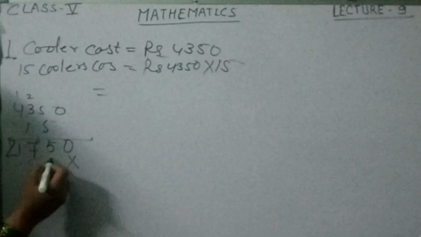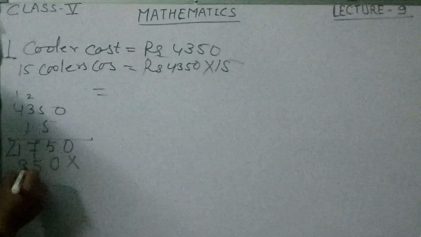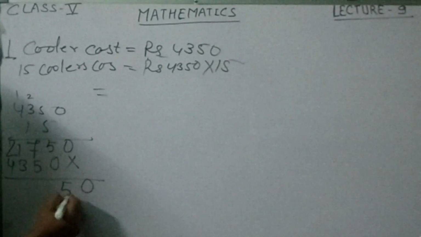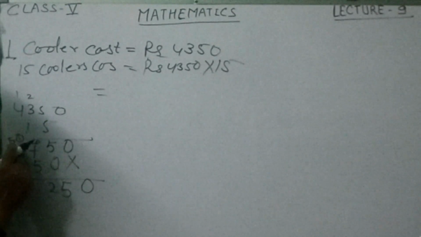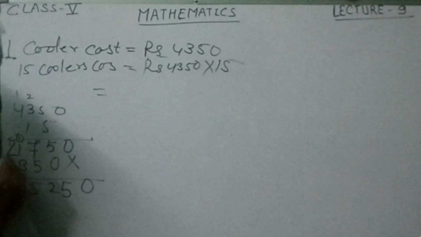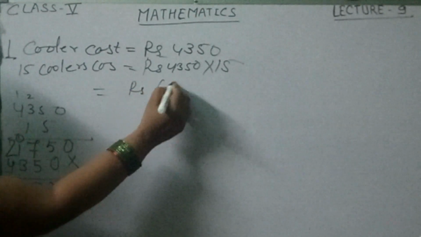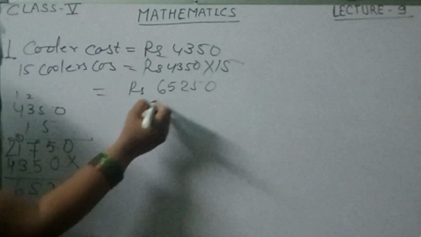1 zeros are 0, 1 fives are 5, 1 threes are 3, 1 fours are 4. Here 0, 5, 7 plus 5 is 12, 1 is carried. 1 plus 1 is 2, plus 3 is 5. 4 plus 2 is 6. What is the cost here? 65,250 rupees.